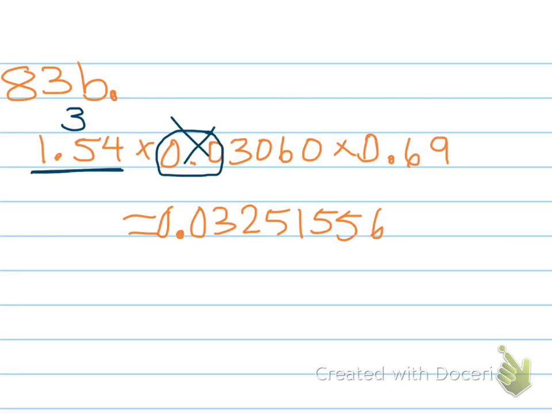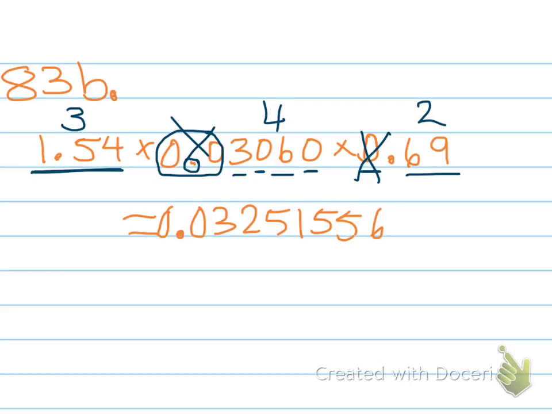Okay, so those are never significant. A 0 in between numbers, so that is significant. And a trailing 0 that's behind a decimal point, so that's also significant. So this has 4 significant figures, and our last number only has a leading 0, which is not significant, so it's going to have 2 significant figures.